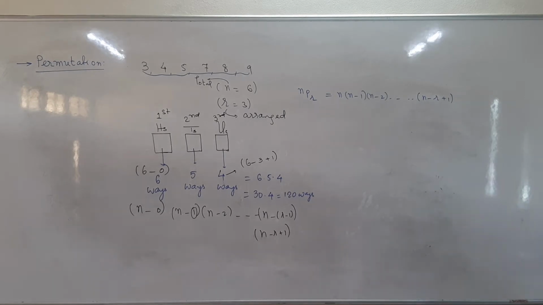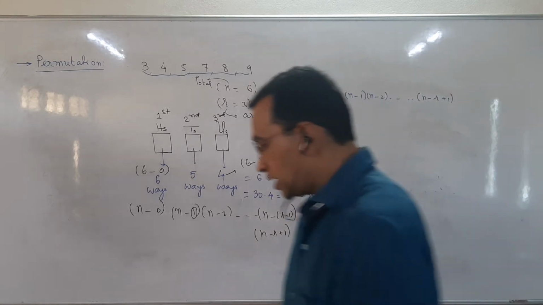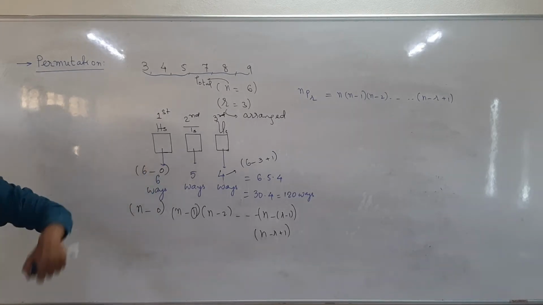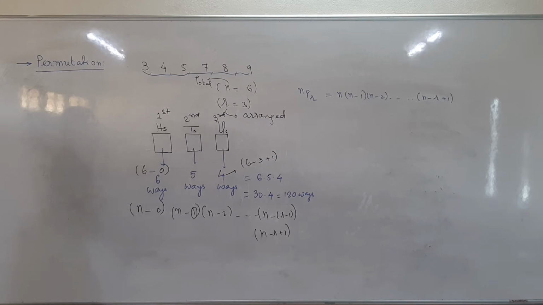So given are n items, objects or numbers or digits, using which we want to fill r places. Then the total ways in which these r things can be arranged out of the given n are n into n minus 1 into n minus 2 up to n minus r plus 1.